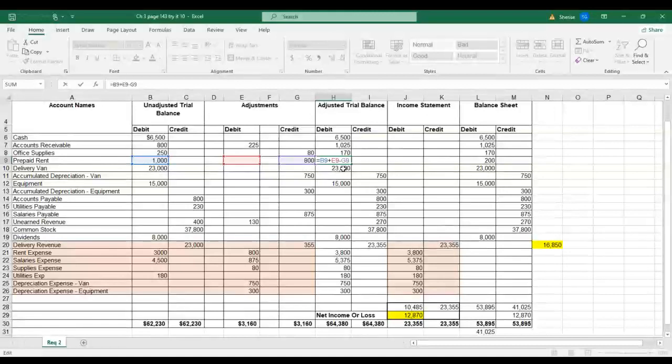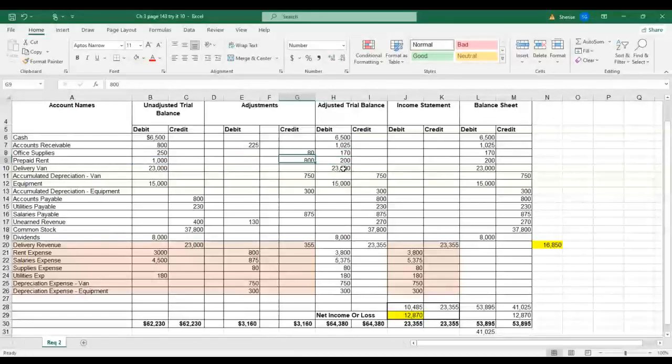That's what it's saying in this formula. You can also tell by saying, okay, we started with a debit of $1,000. We credited $800, and now we're left with $200. So however you want to do that.